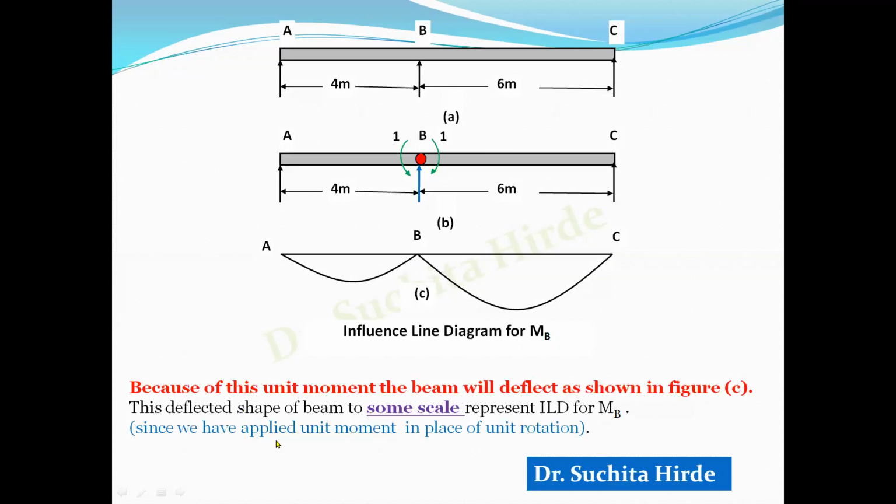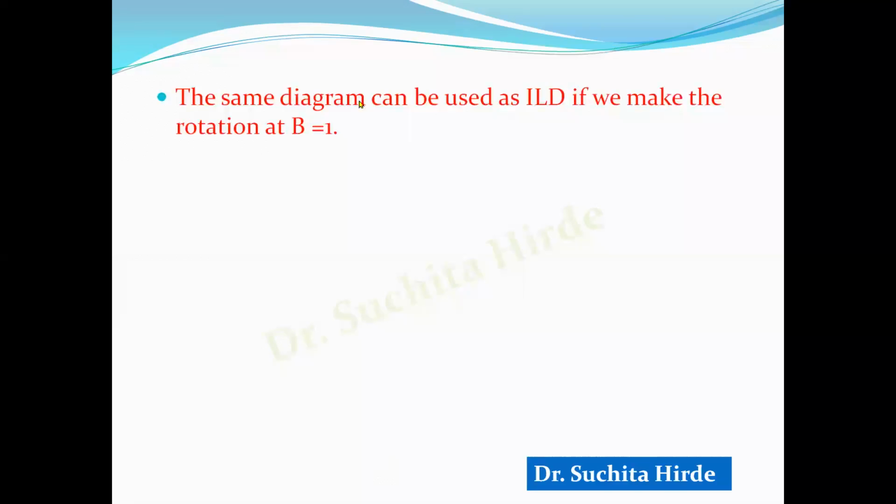And since we have applied unit moment in place of unit rotation, this shape is similar to the influence line diagram of moment at B. But when we make this slope or rotation here equal to unity, then it is called the influence line diagram for bending moment. So the same diagram can be used as ILD if we make the rotation at B equal to 1.